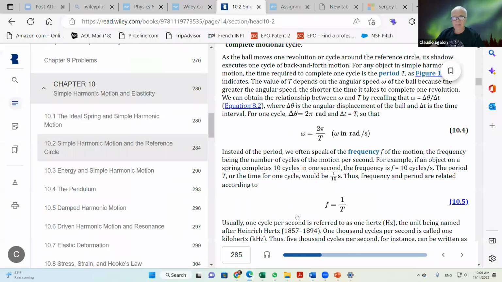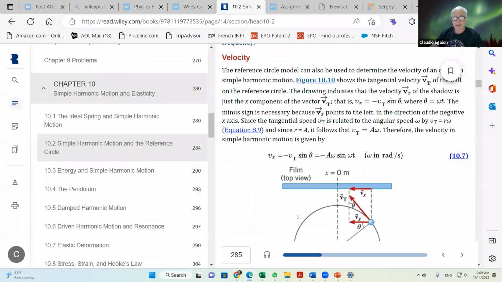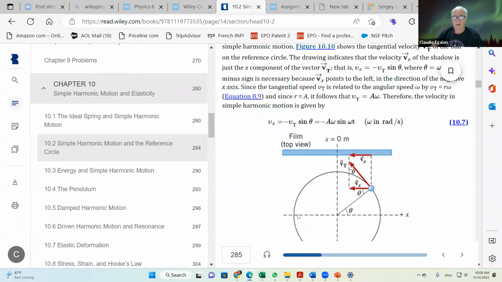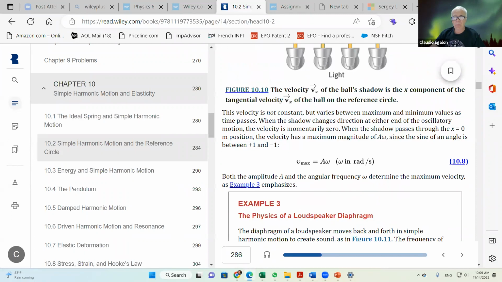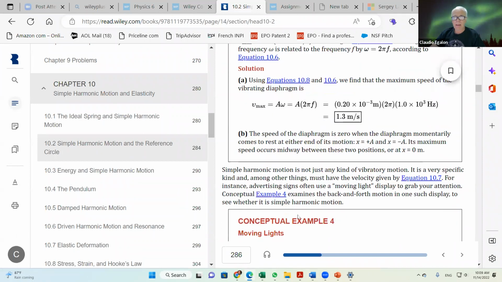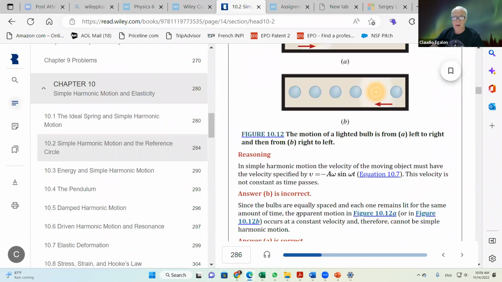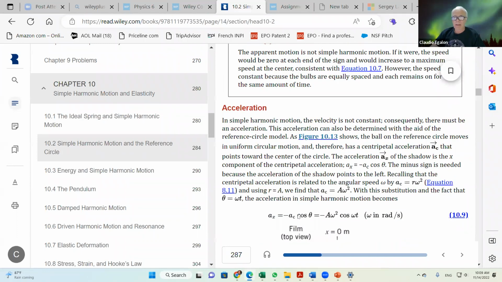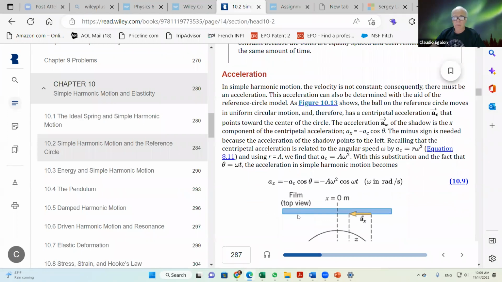So here we go. Let's take a look here. A omega. In the case of the acceleration, what are we going to have?